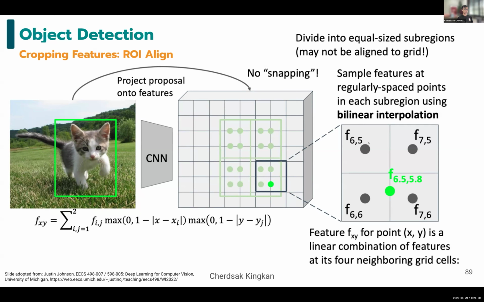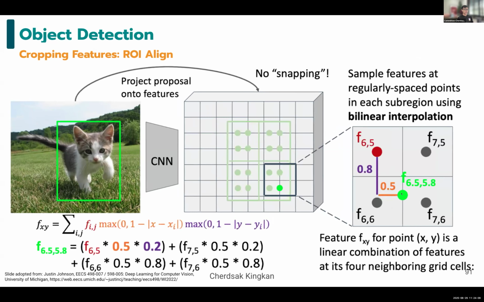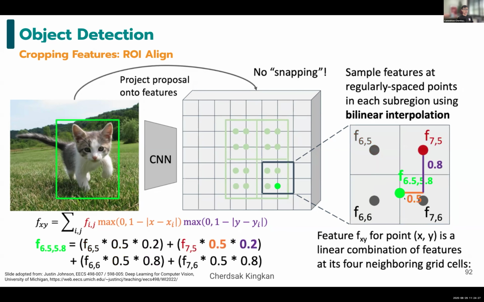To find the value, you can use bilinear interpolation by borrowing the value from each of its neighbors. For example, to get a value for this green point, you calculate the bilinear interpolation in the x direction and y direction, and this is what you get. Then you calculate the bilinear interpolation between this point and this point, and this is what you get.